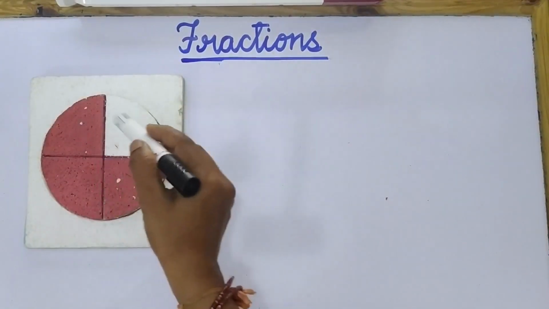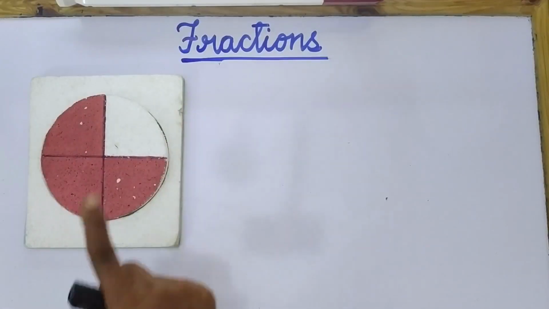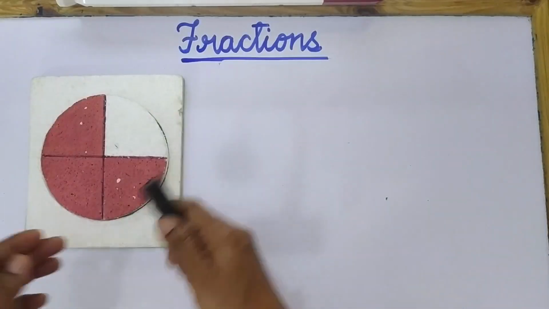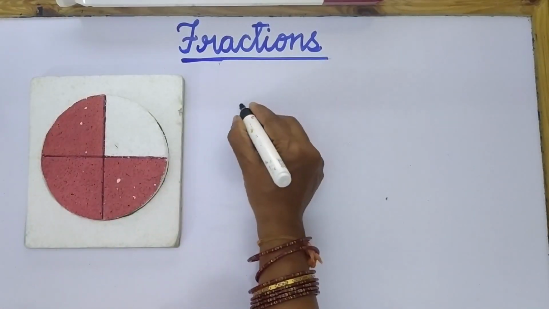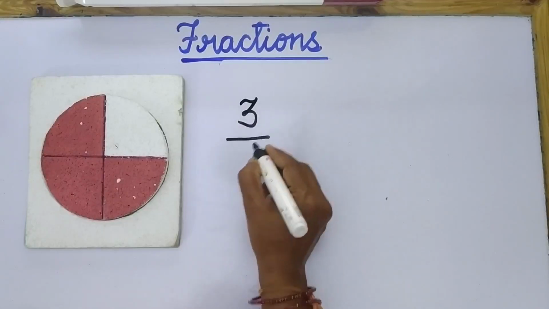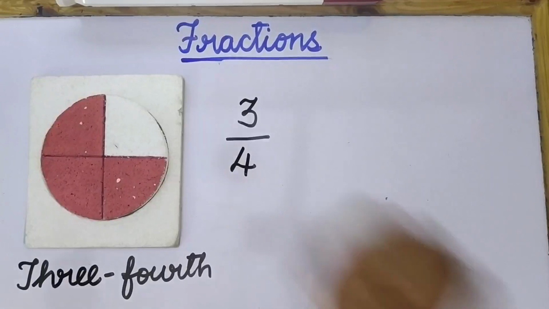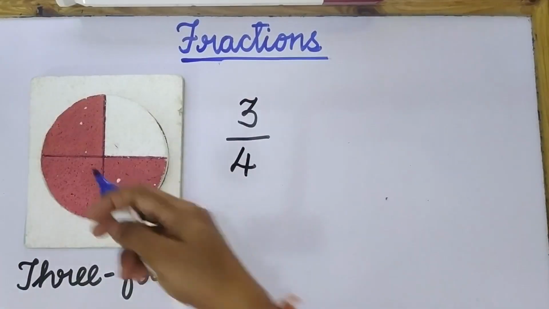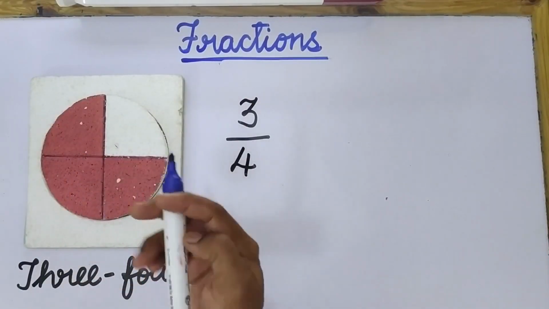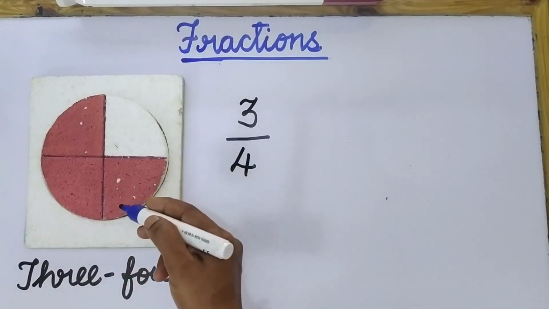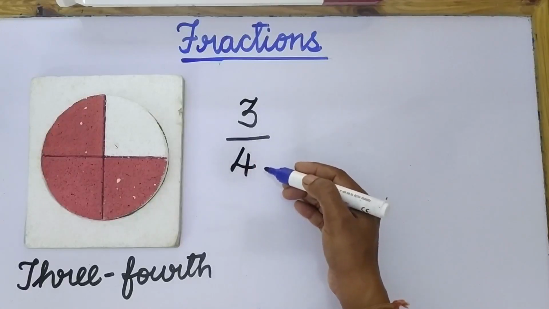Then what about this? Yes, 1, 2, 3, 4: 4 equal parts. And 1, 2, 3 parts are colored. So it will be mentioned as 3 by 4, or 3/4 in fraction. So here we have 4 equal parts. The number of equal parts and the number of shaded parts we represent in fractions.